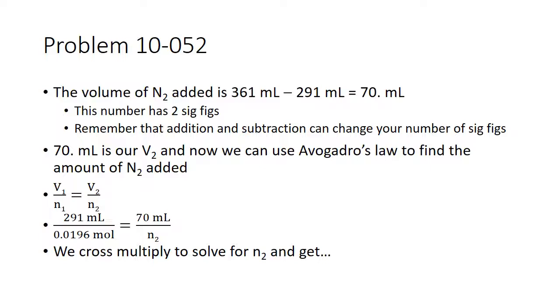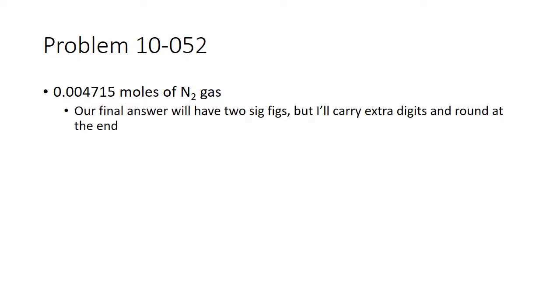Give yourself a couple seconds to do that problem. Don't trust my answer. I get 0.004715 moles of nitrogen. Now our final answer is 2 sig figs, but we want to carry extra digits and round at the very end.